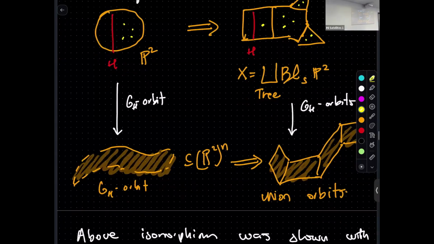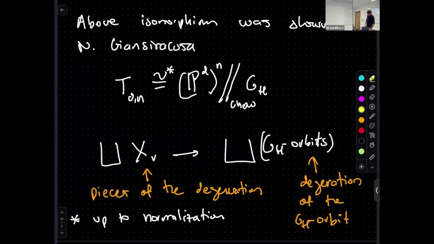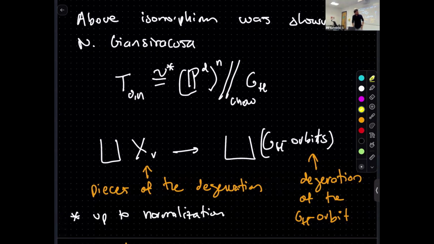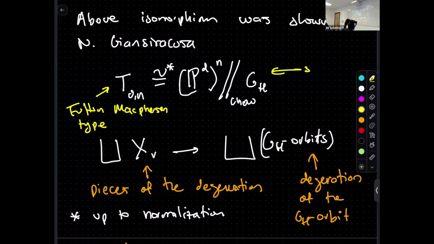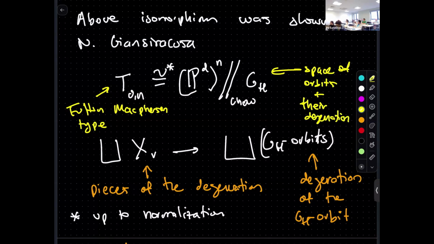What allows you to say this is a theorem that we did with Noah Siracusa: your compactification, the one that you build using the Fulton-MacPherson technology, and this space of orbits and the degenerations, will be isomorphic up to normalization.